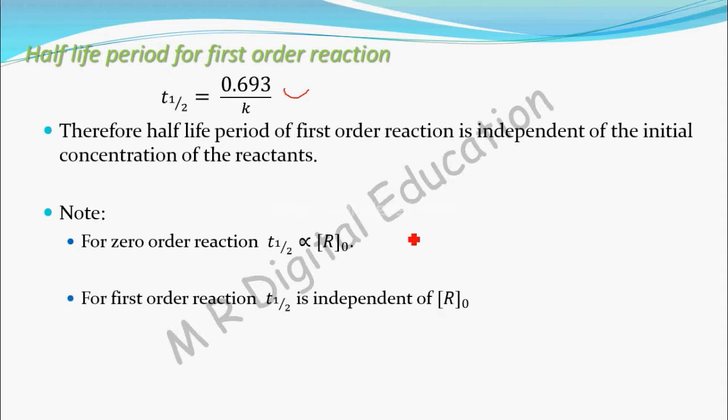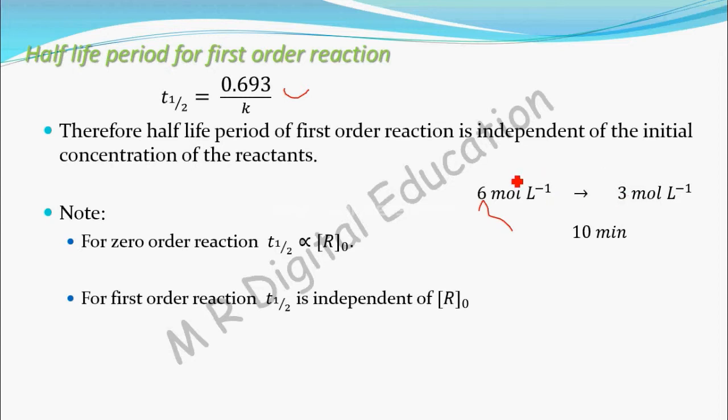What is the actual meaning of these two statements? What is t half is directly proportional to R naught? What is the meaning of t half is independent of R naught? Let's see. In a reaction, suppose initial concentration is 6 mole per liter. Half of this is 3 mole per liter.